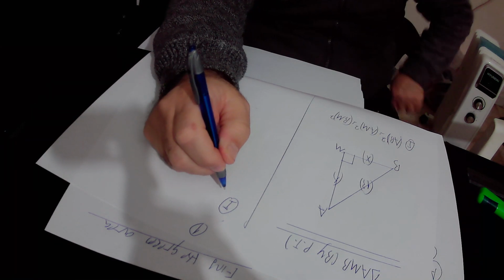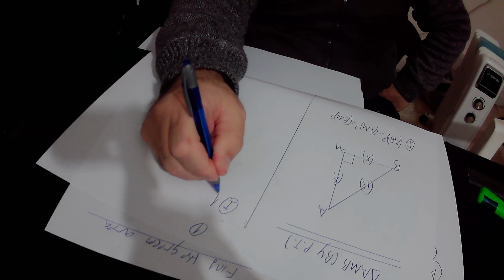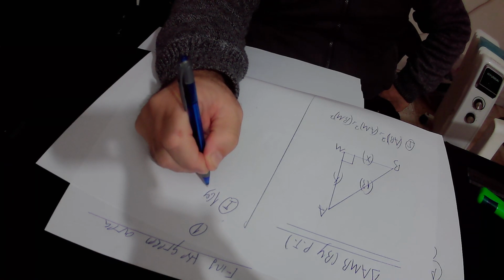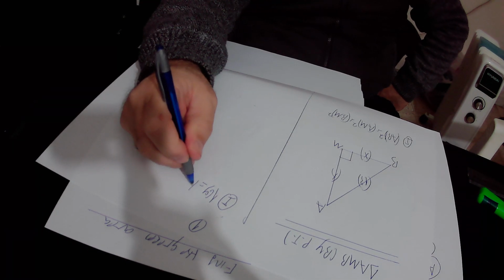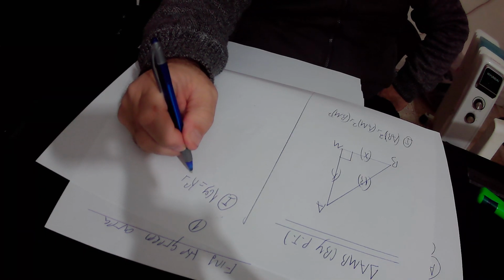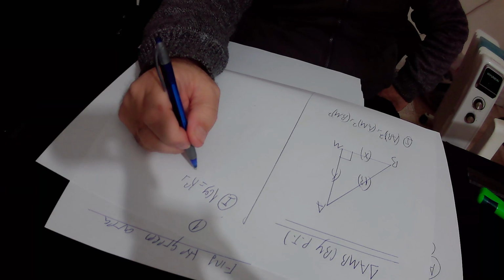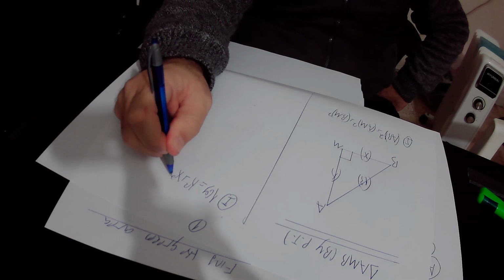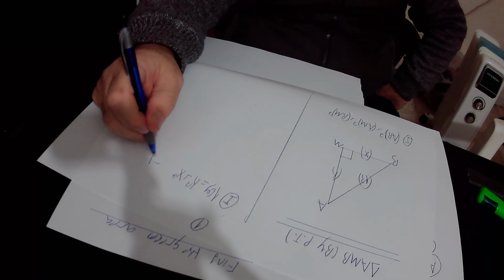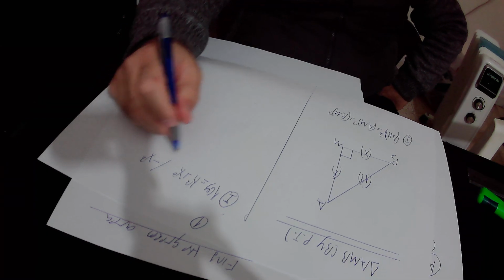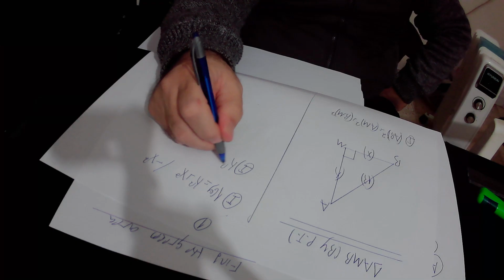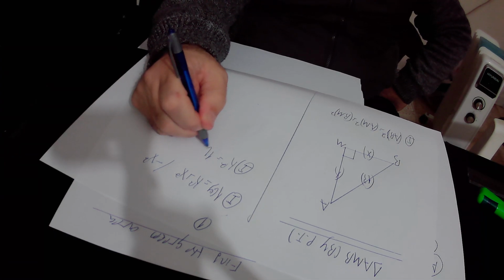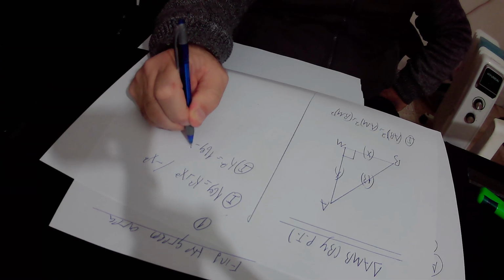AB is 13, therefore AB squared is 13 squared, that is 169. It equals AM squared, AM is H, therefore AM squared is H squared, plus BM squared. BM is X, therefore BM squared is X squared. Here we subtract x squared from this equation, equation number 1, and we get that according to equation number 1, h squared equals 169 minus x squared.